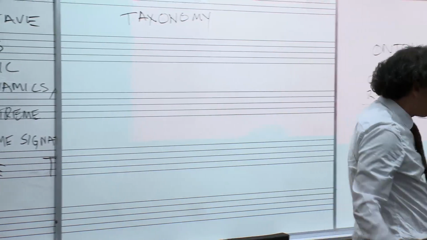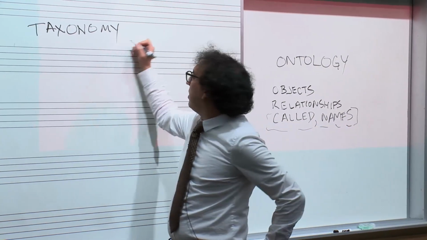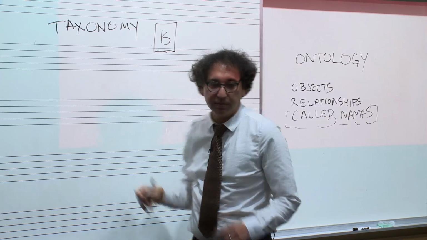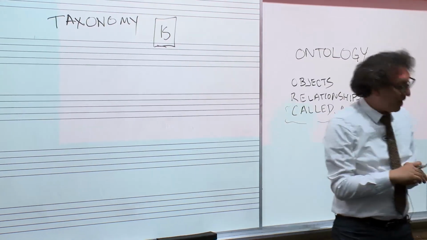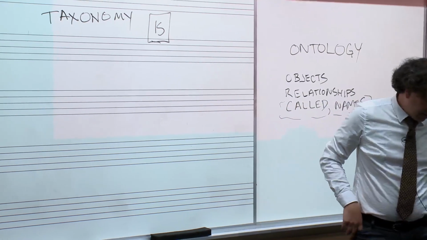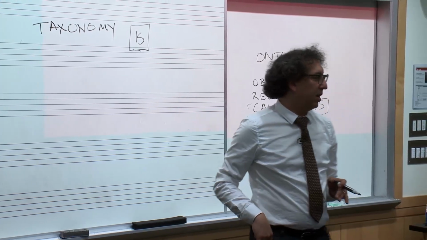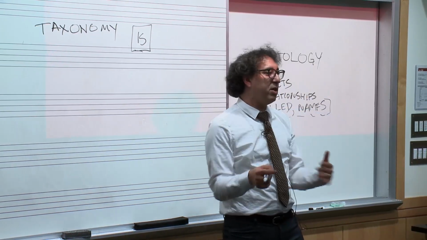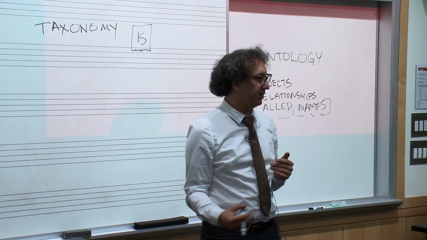Okay, taxonomy, in this definition in ontology, it's something is something else. So I'll give the example here that a minuet is a dance. For those who know the minuet style in the early 18th century, the minuet is a triple time dance, which means it is a dance.